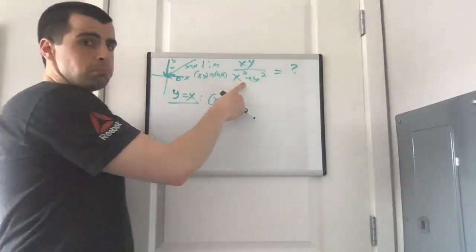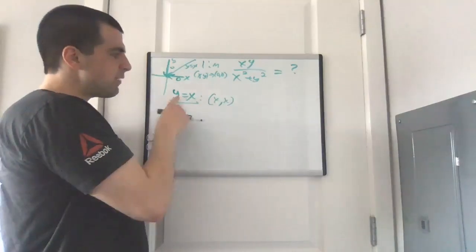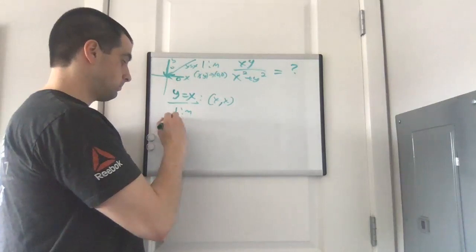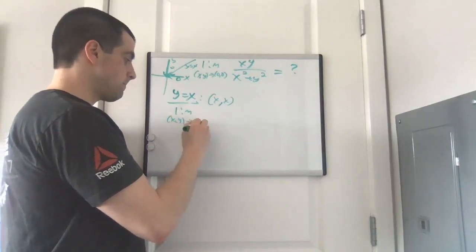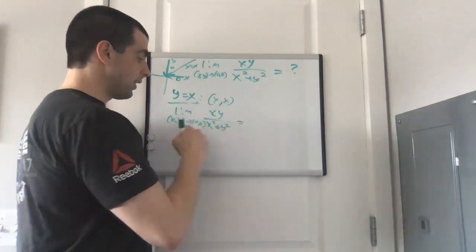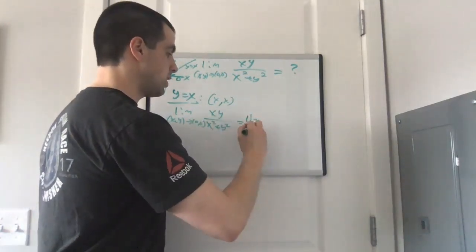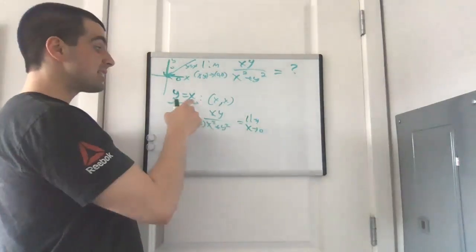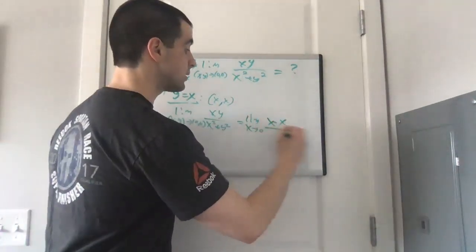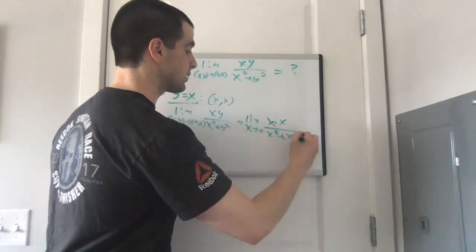So here, same idea. I'm going to replace every single place I see y with x. The limit as x goes to 0 of x times x divided by x squared plus x squared.